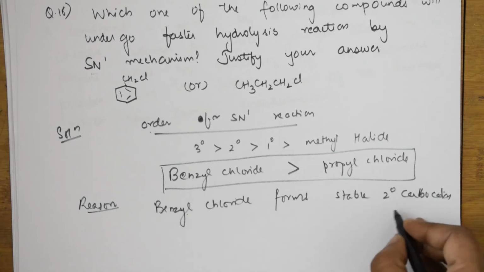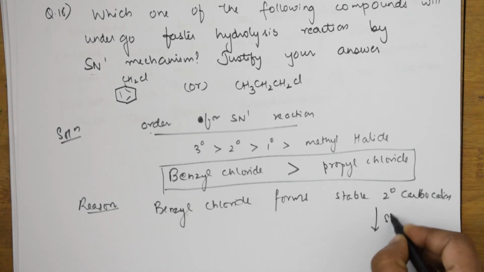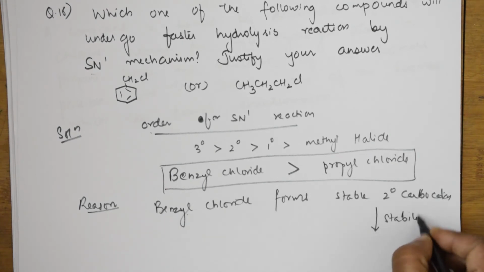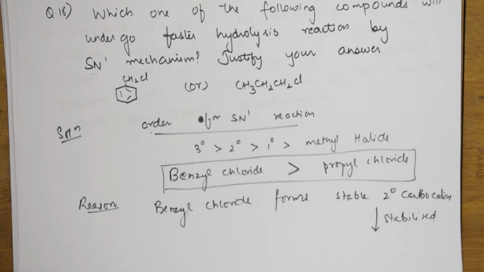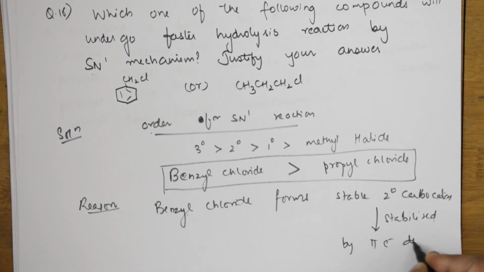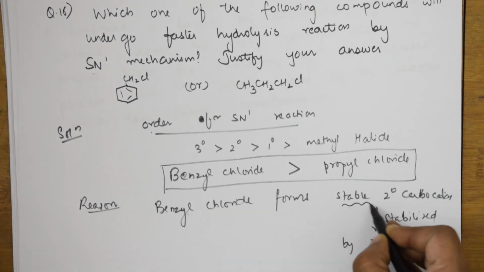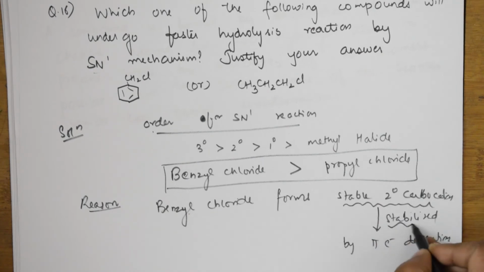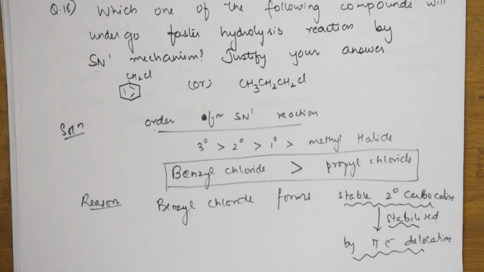Whatever carbocation it forms, it has to get stabilized, isn't it? So this gets stabilized by delocalization of pi electrons. This is the concept. Basically the examiner wants you to write this, underline this: stable carbocation stabilized by pi electron delocalization.